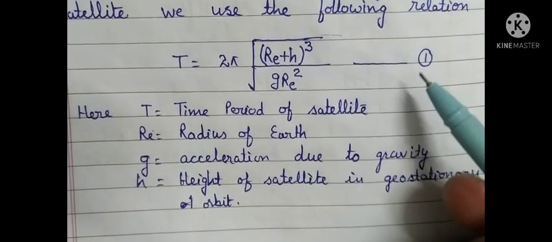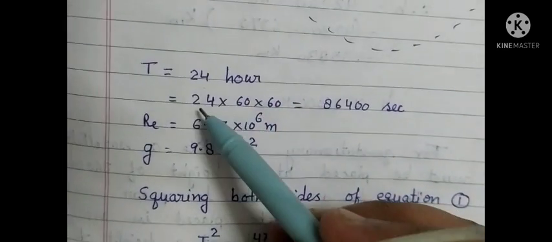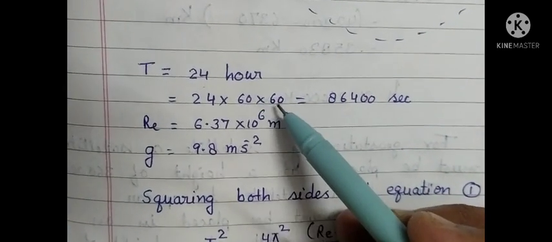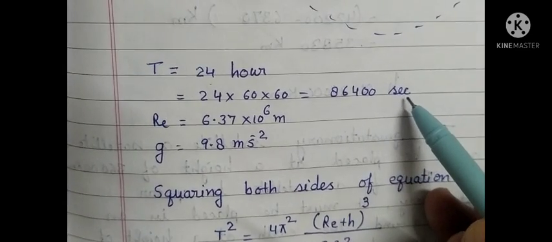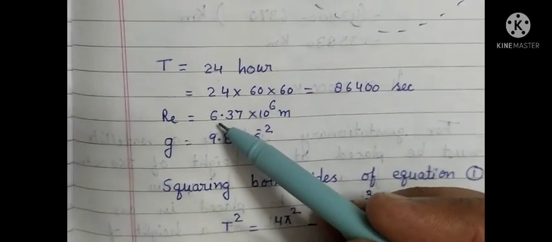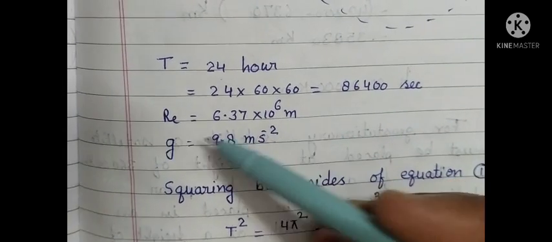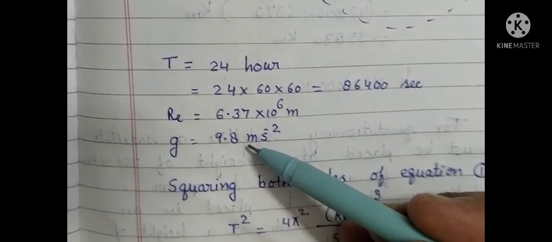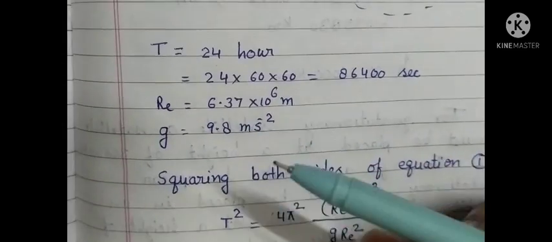Substituting all these values, we know that T is equal to 24 hours, that is 24 into 60 into 60, about 86,400 seconds. Radius of the Earth is 6.37 into 10 raised to the power 6 meter, and G is equal to 9.8 meter per second square.